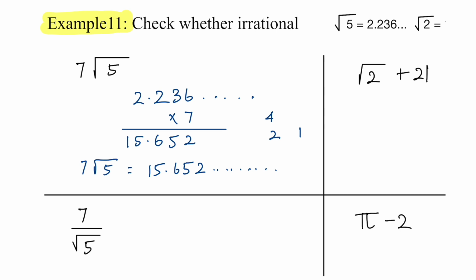So the value of 7 root 5 is 15.652 and so on, with so many digits. Now what you can tell is that this is not terminating and also not repeating. So obviously 7 root 5 is also irrational in nature.